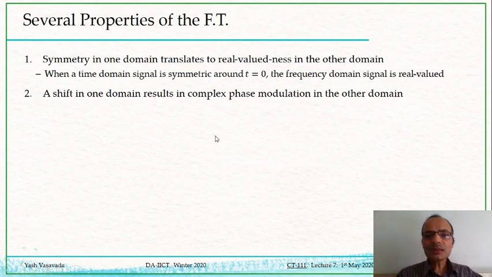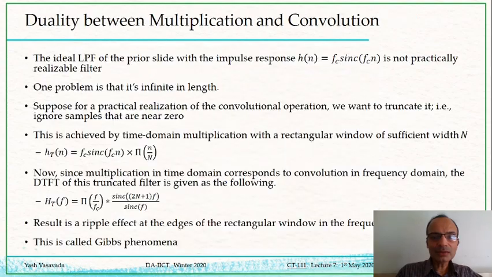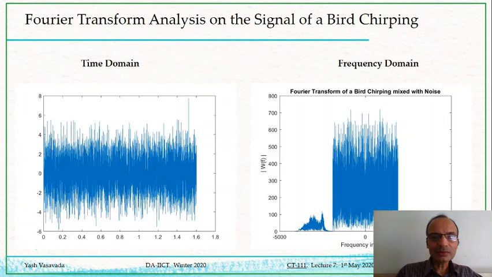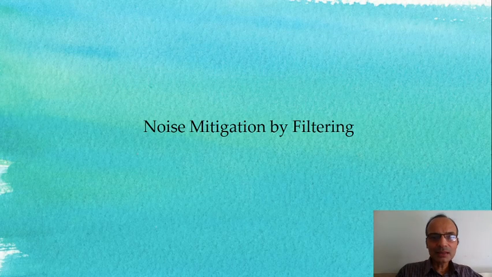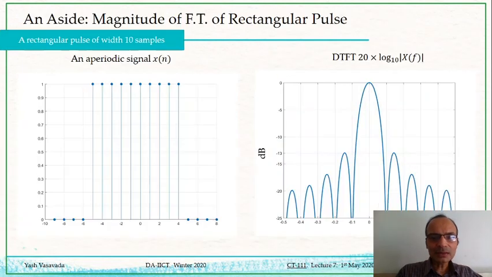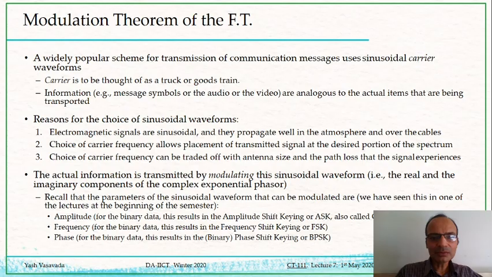The second property is something that we have actually already looked at, which says that a shift in one domain results in complex phase modulation in the other domain. So the second property is actually just a repeat of what we have already studied. Let us look at it very quickly and move on.